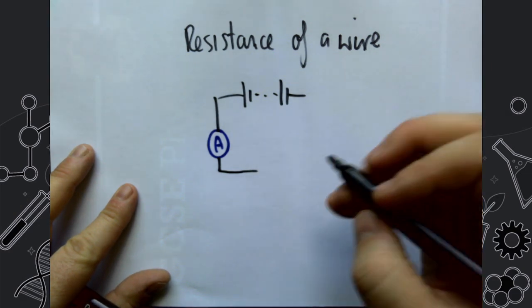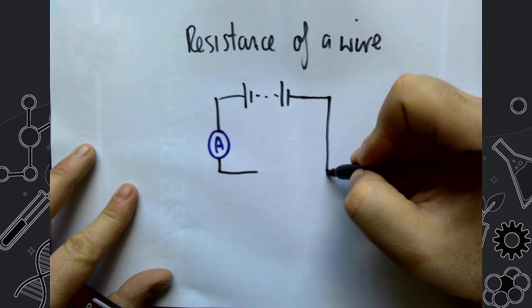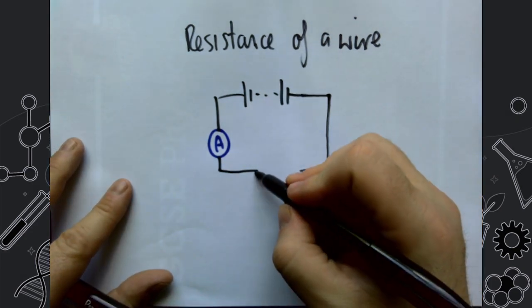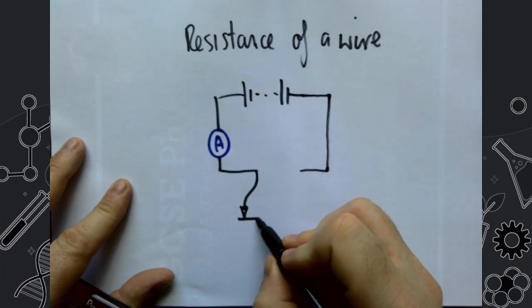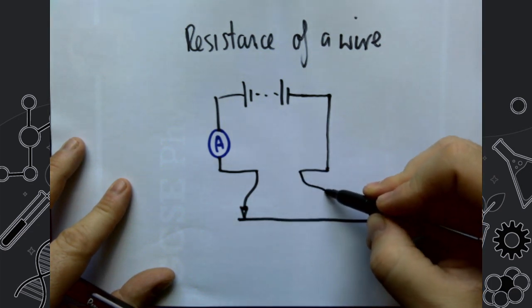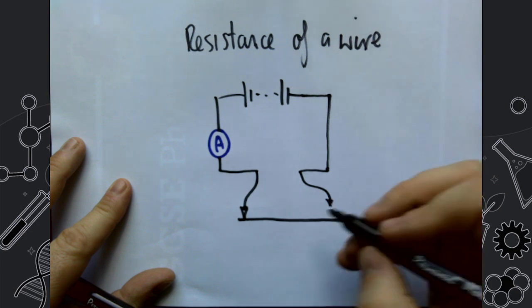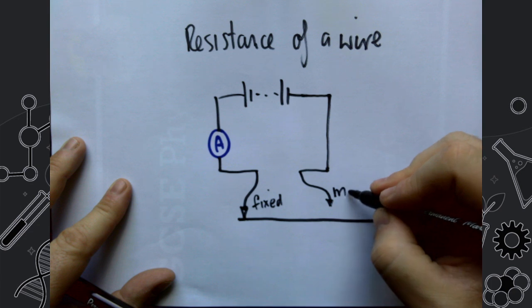But let's pause for a second and let's have something over this side, like so. Now we fix one end of this to the start of a wire, and the other end we move. So this is fixed, this is movable.